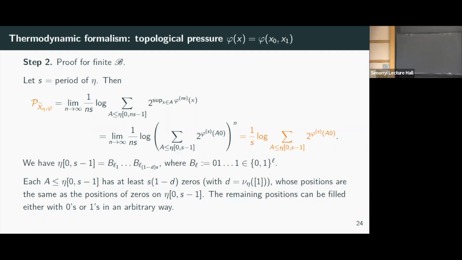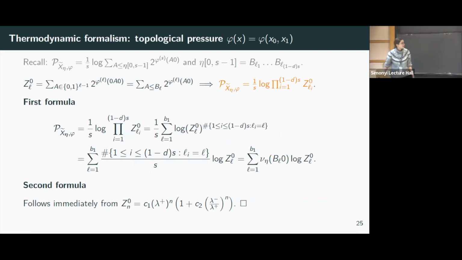So there are S times (1 minus D) zeros like this, and the remaining positions can be filled in any way you want. I told you about this cutting into pieces, and this is exactly what happens because your potential just sees two consecutive coordinates. So you can really cut and these things behave independently. So this is what you get.